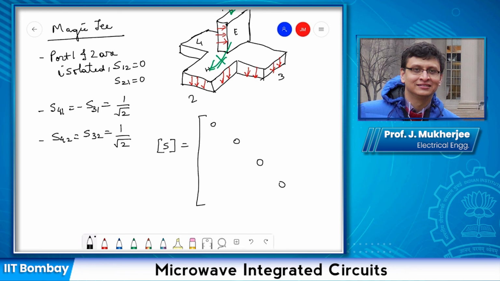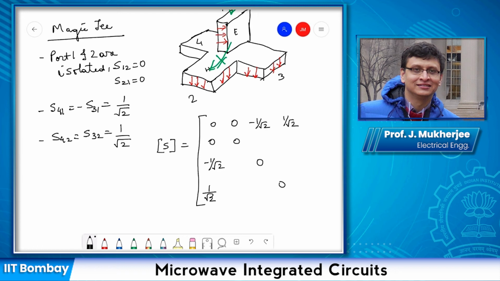Then S12 is 0, S21 is 0. Then S41, S31 is minus.